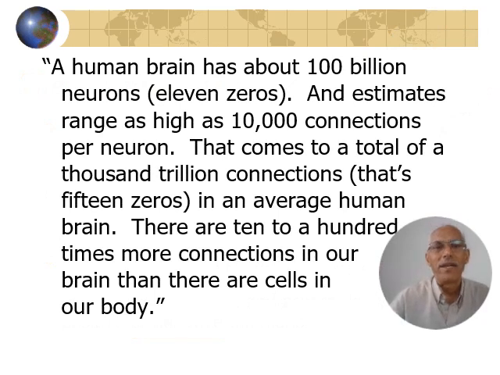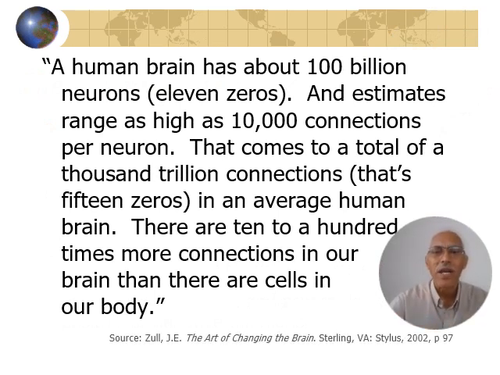The human brain, they say, has about 100 billion neurons. And it is estimated, like I said earlier, every neuron has a capacity of making connections with 10,000 neurons. So it has about 10,000 possible connections. Now, that would mean 1,000 trillion connections in our brain.